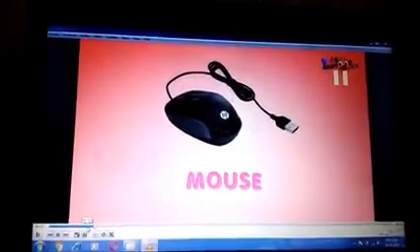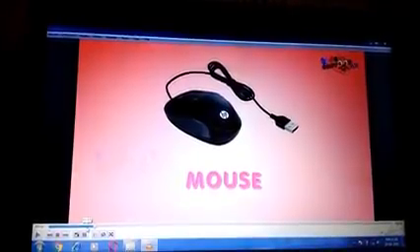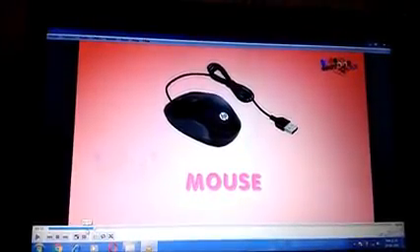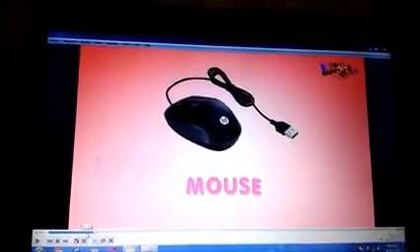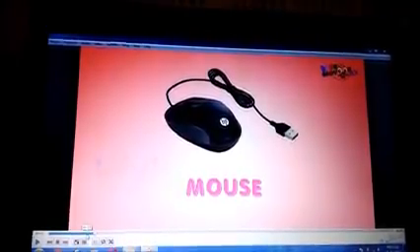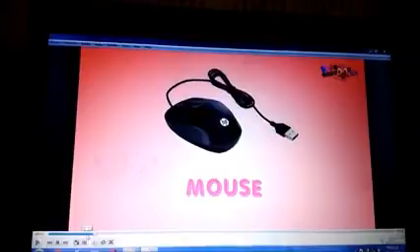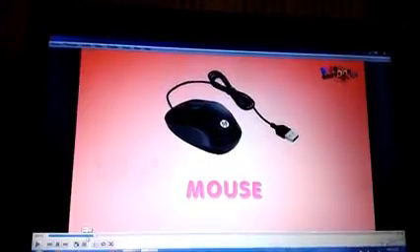The next component is the mouse. A mouse is a pointing device that rolls on a flat surface. It consists of a small case held under the user's hand with one or more buttons and connected to the computer with a cord.